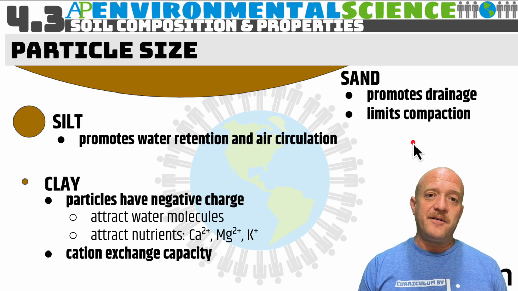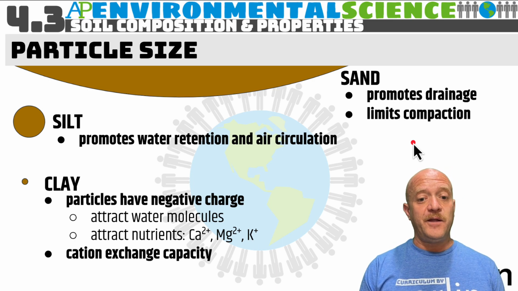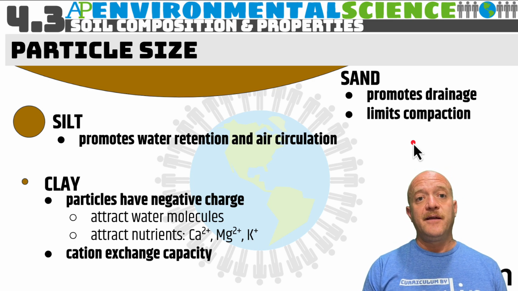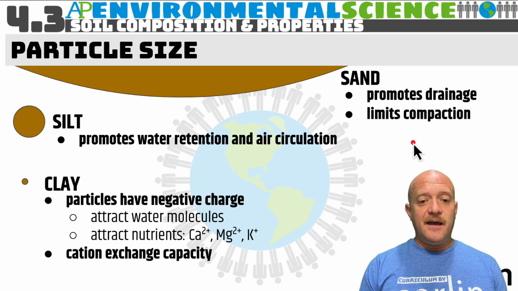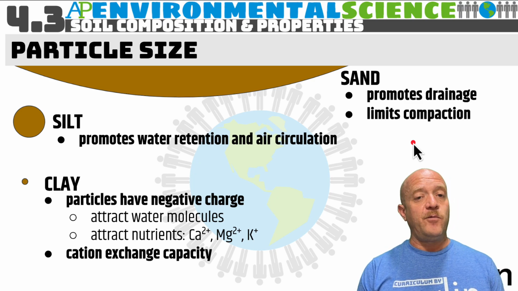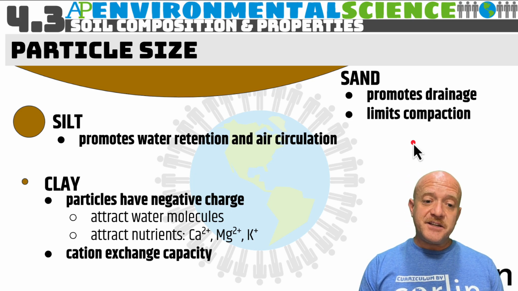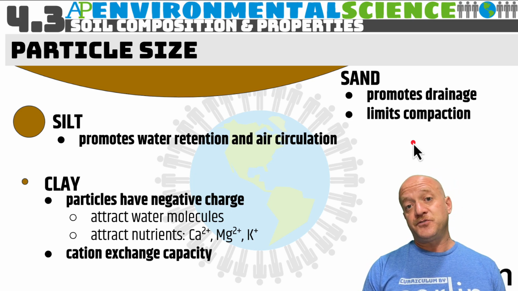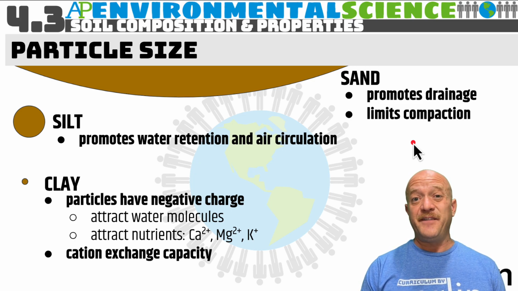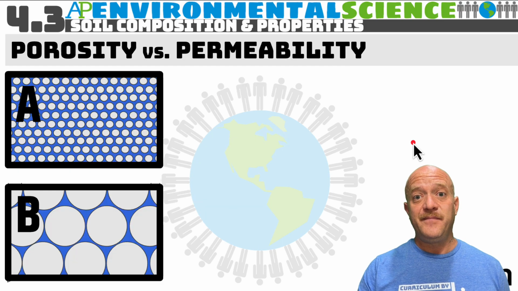Along with the water, because of the polarity of the water, we are going to be attracting particular nutrients. So soil with high amounts of clay will have better cation exchange capacity. Too much clay and it may hold on to these particles too strongly. Not enough clay and these cations will not be available for the plants.